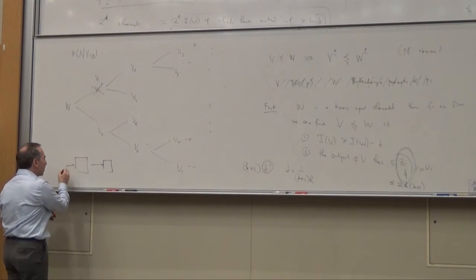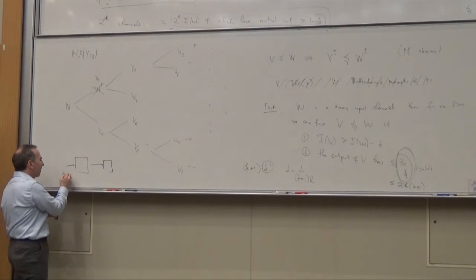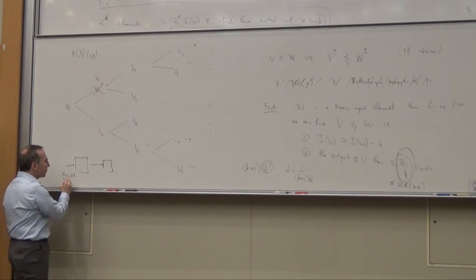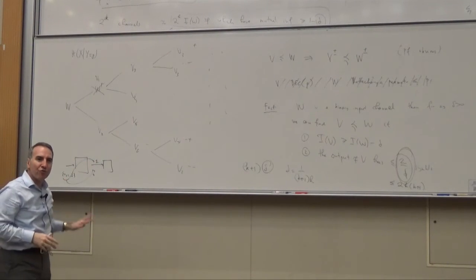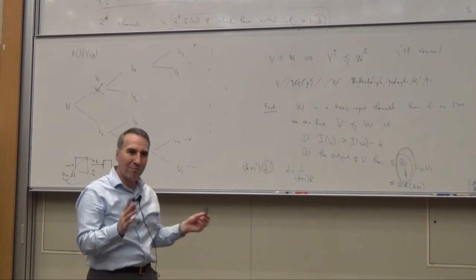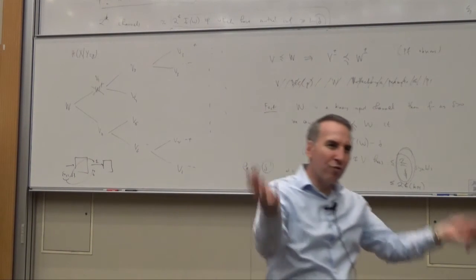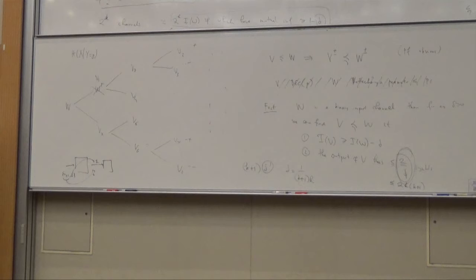This channel will take in a ternary alphabet. It'll map 0, 1 to 0 and 2 to 1. Okay. A uniform distribution on this 0 and 2. Then this new combined channel has the capacity of the channel that you started with.